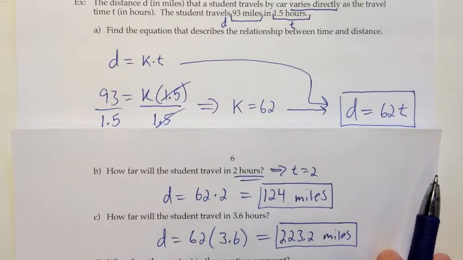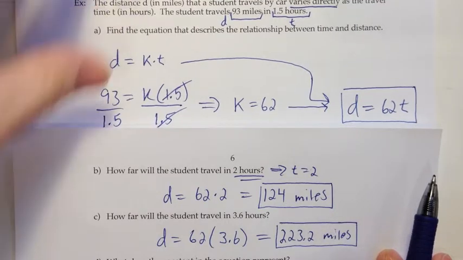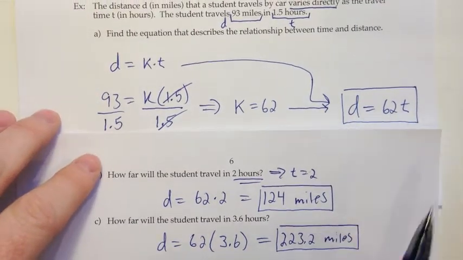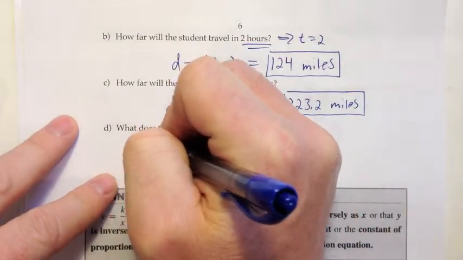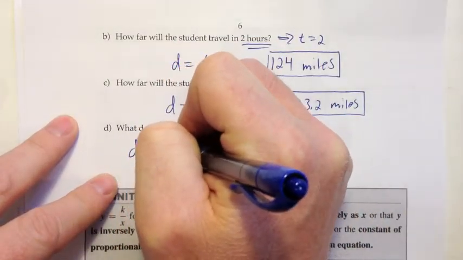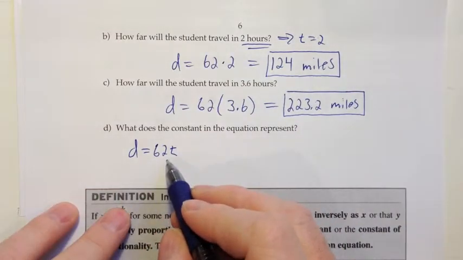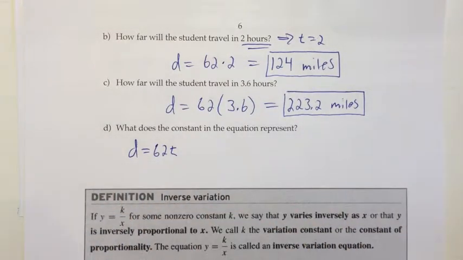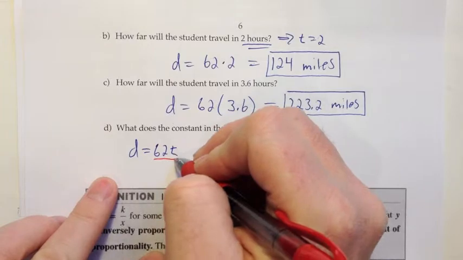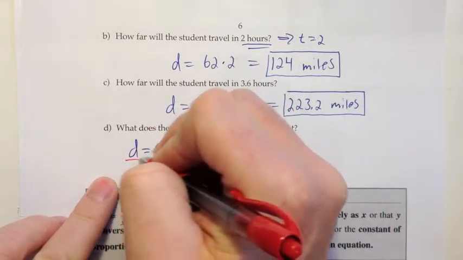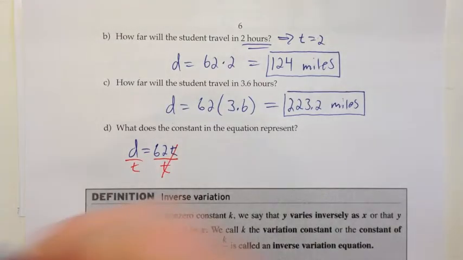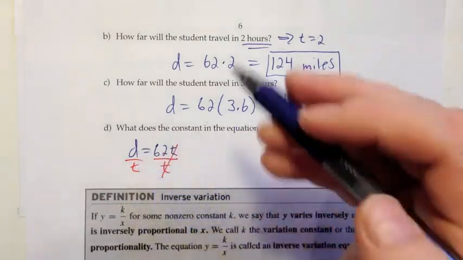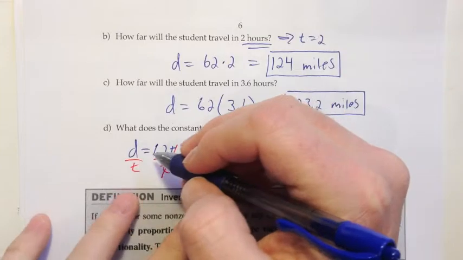And then finally they ask, what does the constant in the equation represent? So they're asking about that 62. Let me take the equation d equals 62t and point out what I get if I solve that for 62. I could get rid of this t, which is connected by multiplication, by dividing both sides by t, and those t's would cancel. And so that 62 represents distance over time, and distance is in miles.